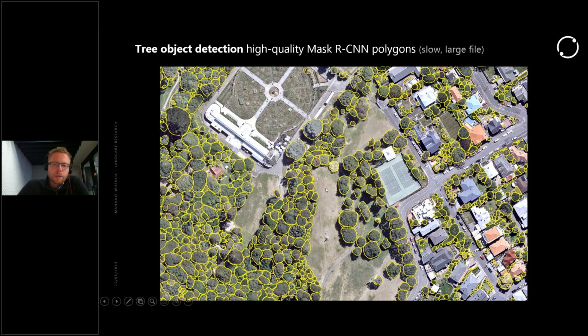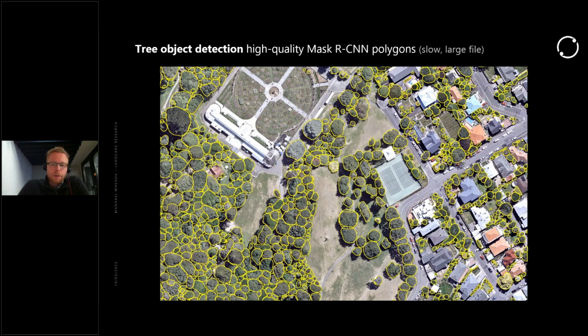It is able to deliver high quality polygons. What is interesting to note here is that the model prediction worked really fast, and the storage of the results is actually slower because the polygons are at such a fine detail. So it produces very large files.